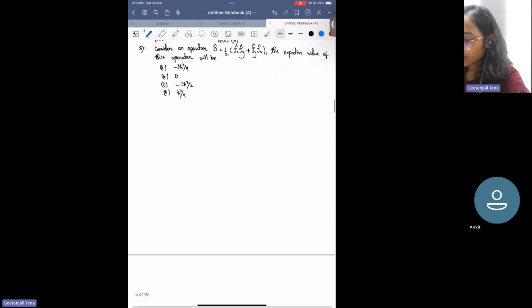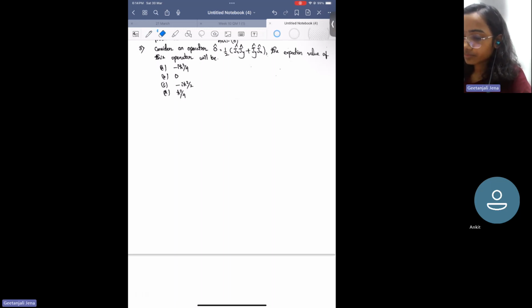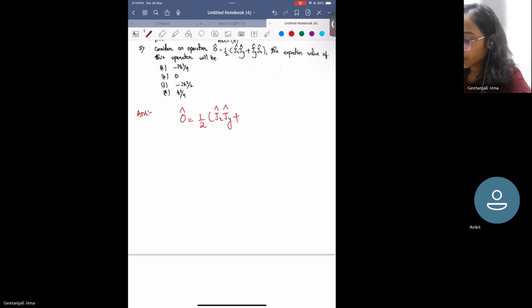So now let us see the third problem. The third one is: consider an operator O equal to half (JxJy + JyJx).